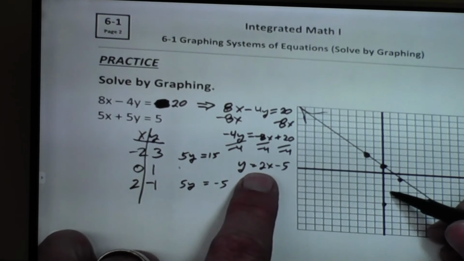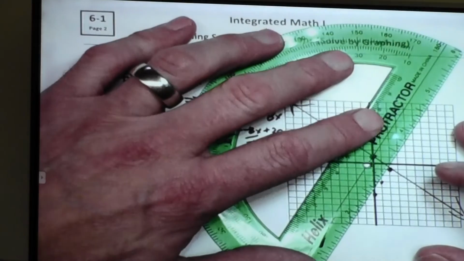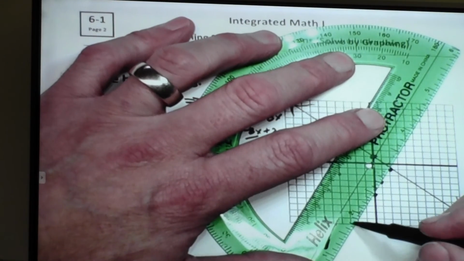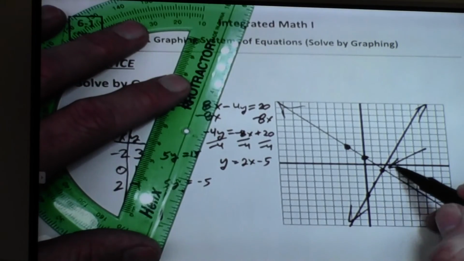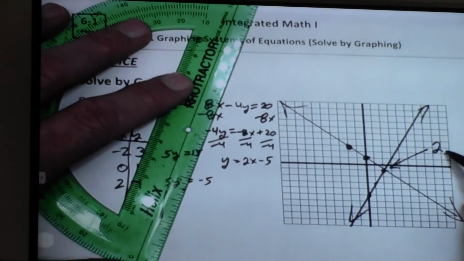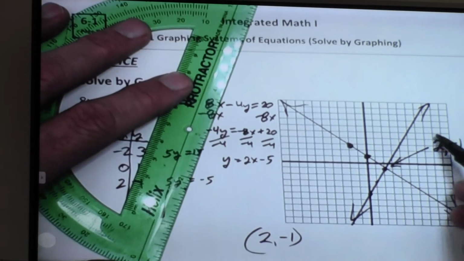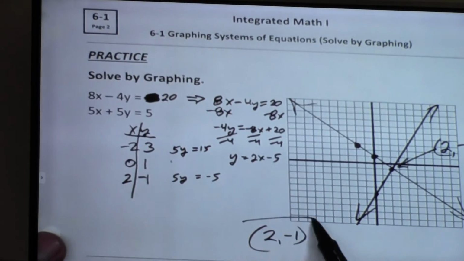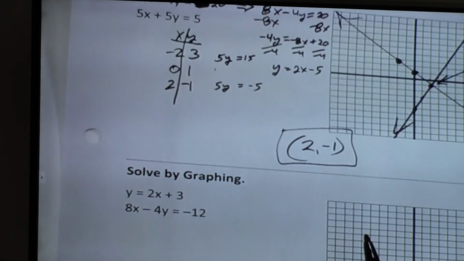Up by 2 and over 1, up by 2 and over 1. Oop, I see where they meet now. Let's draw the line through it. And it looks like this place is 2 and negative 1. So 2 and negative 1 would be the answer for this one. Put a box around it.